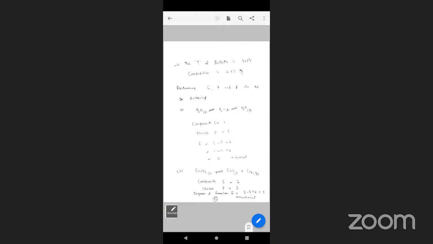Here two components and 3 phases: solid calcium carbonate, solid calcium oxide, and carbon dioxide. And the degrees of freedom, here we apply F equal to 2 minus 3 plus 2, which is equal to 1, monovariant.